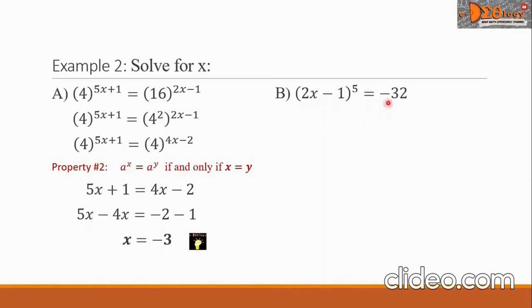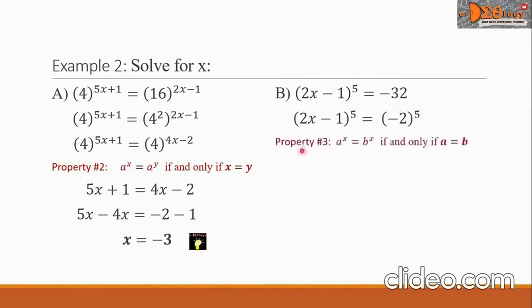I know that this negative 32 can be written as negative 2 raised to power 5. And if I do this, I can observe that the exponent here, which is 5, and the exponent here, which is now 5, are now equal.